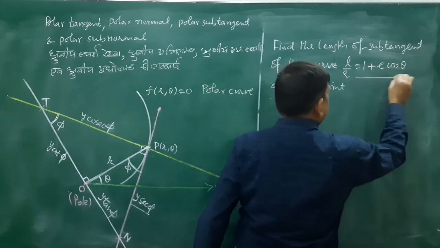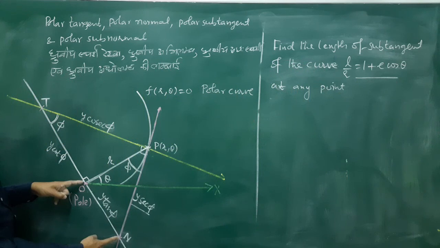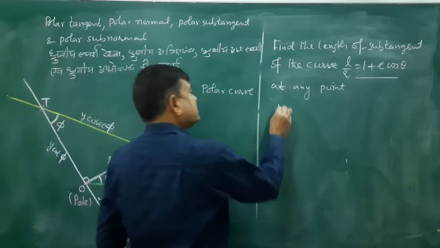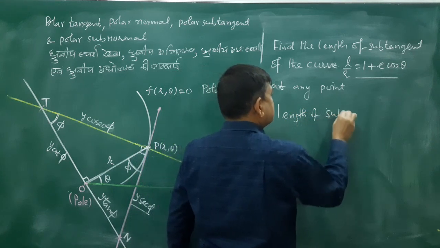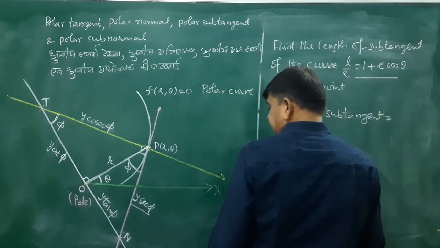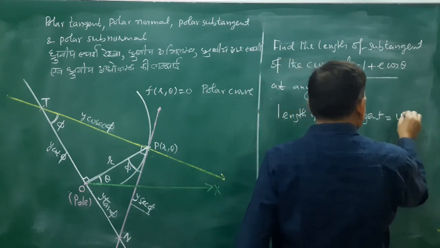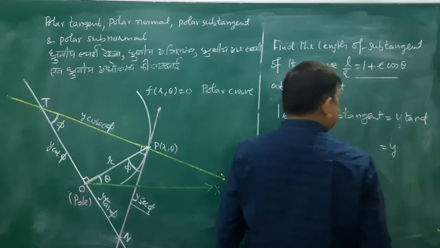Now, the equation of the curve is in polar form, and the subtangent you can see. This is the subtangent. Length of subtangent is y tan phi. This is y. What is tan phi?